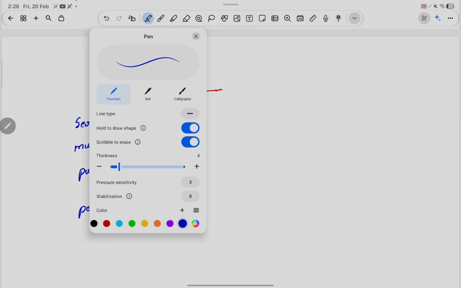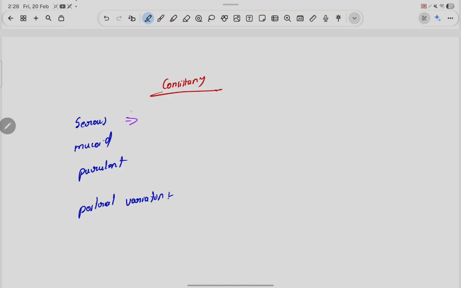Serous we'll go with acute pulmonary edema and alveolar cell carcinoma.